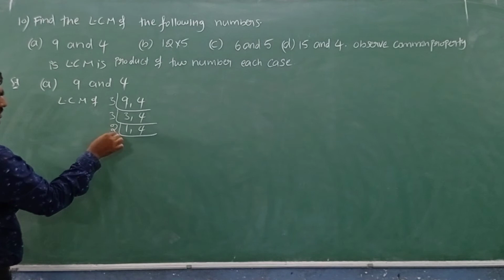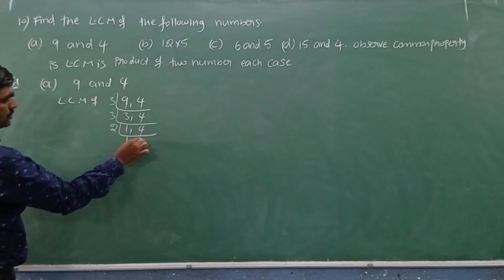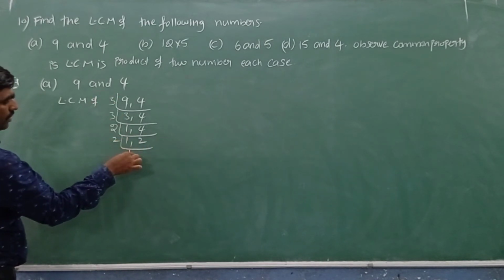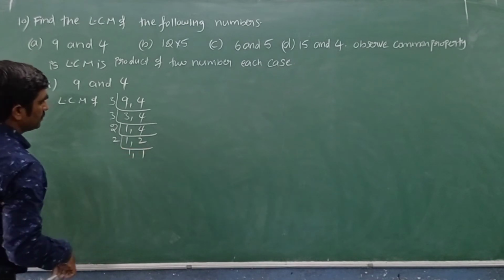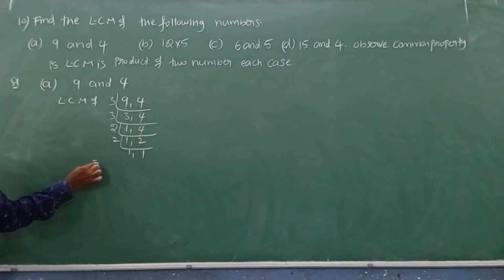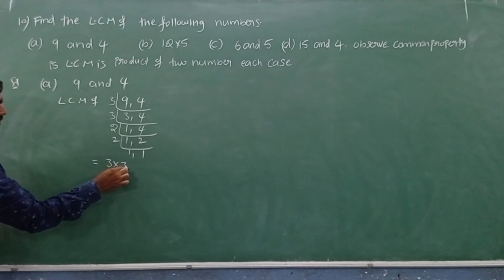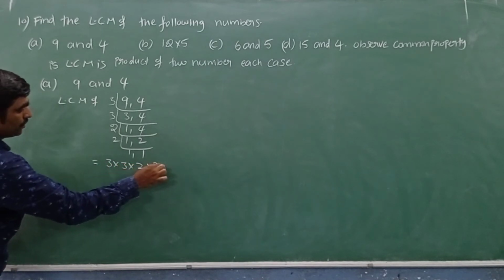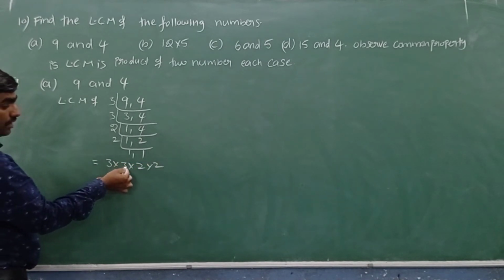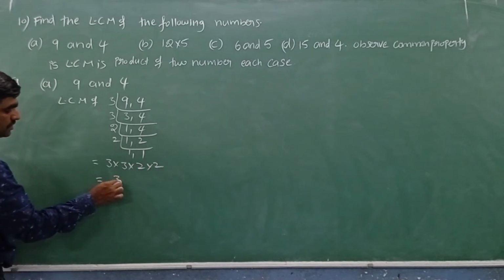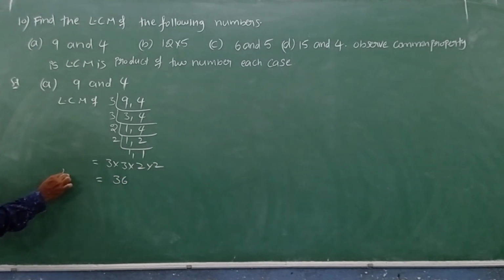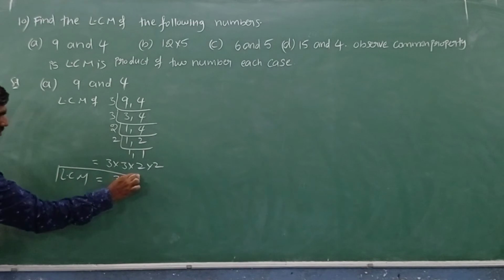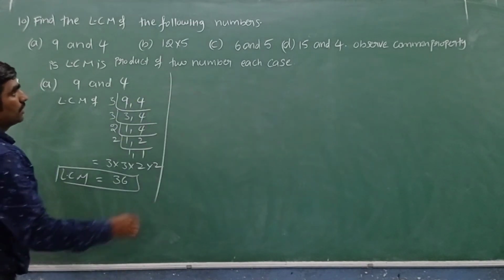Again 2 table is possible. 2 twos are 4. Again 2 ones are 2. What can we write now? 3 into 2 into 2 is equal to 3 threes are 9, 9 twos are 18, 18 twos are 36. LCM is equal to how much? I got 36. Then what next?